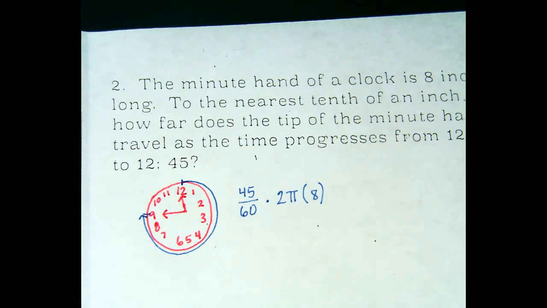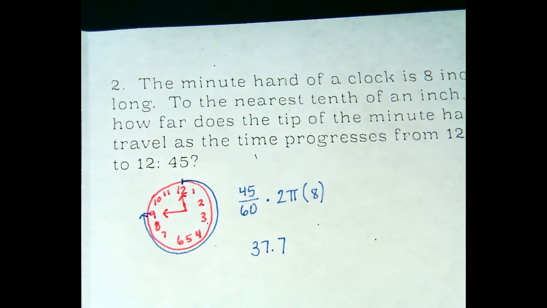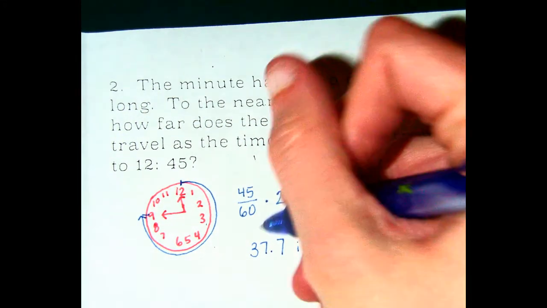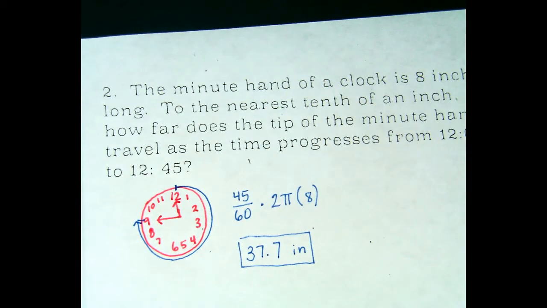You could also do 3/4 because it's 3/4 of an hour. Any fraction. That's why we need to stress it's the fraction of the circle. So let's find out what that is. 37.7 inches. Notice we don't have squared inches. We're talking about the length now.